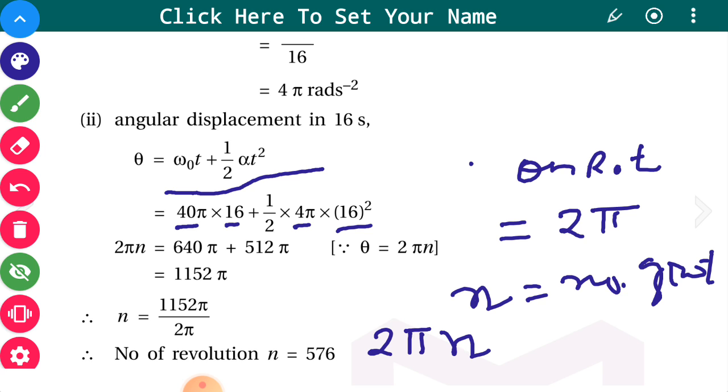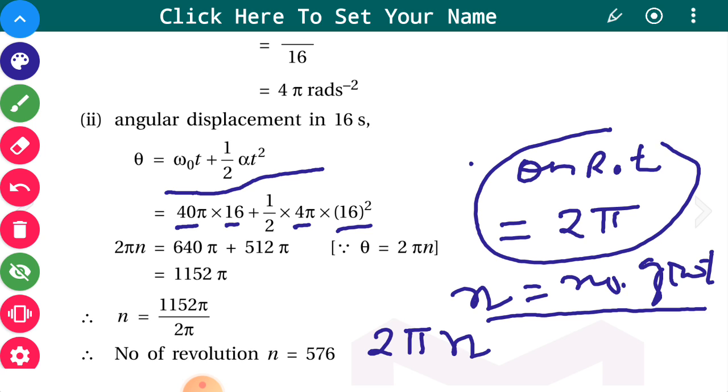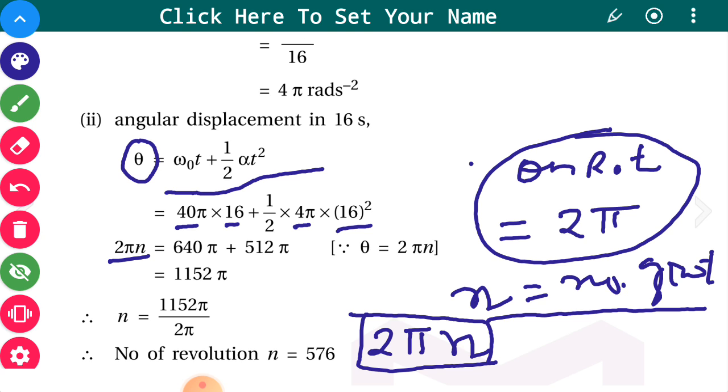Instead of theta, it is written as 2 pi n, and this is simplified. You get the number of revolutions directly, and that is 576.